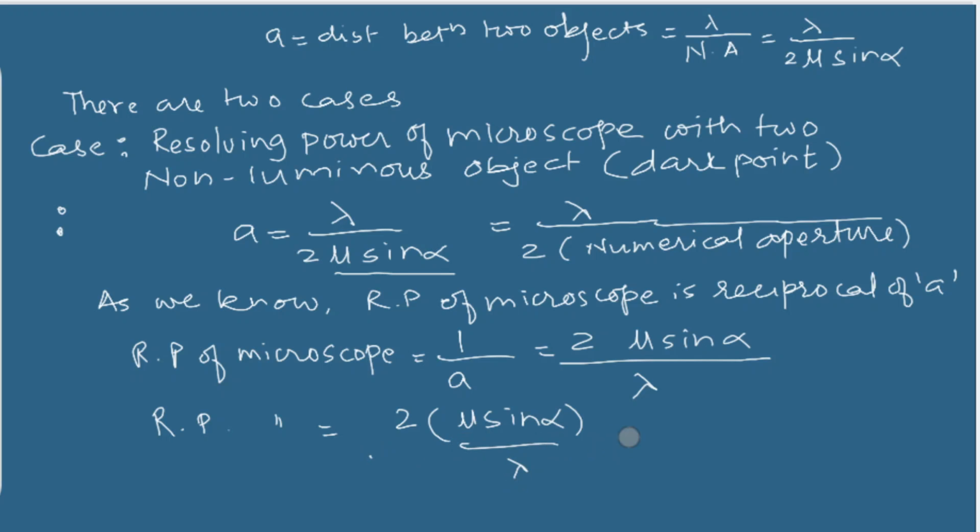Sometimes the refractive index is denoted by n, so at that time you have to take n as the refractive index of the medium. This is the first case, case 1.